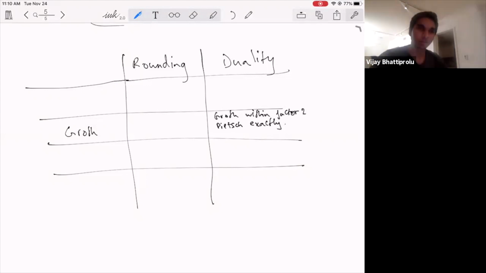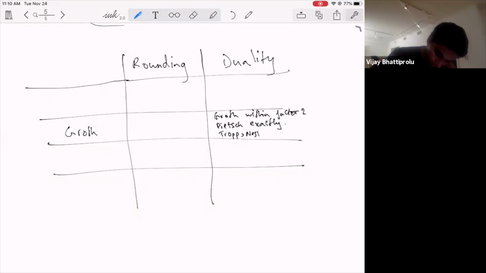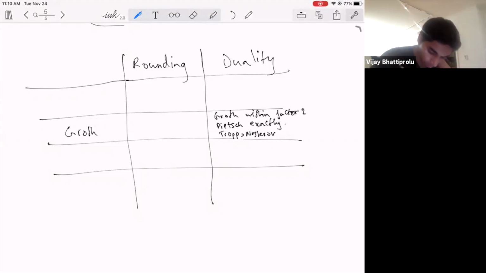And it was noticed much later, independently, by Tropp and Nesterov that this duality can be proved using semidefinite programming duality, something well studied in the optimization literature.